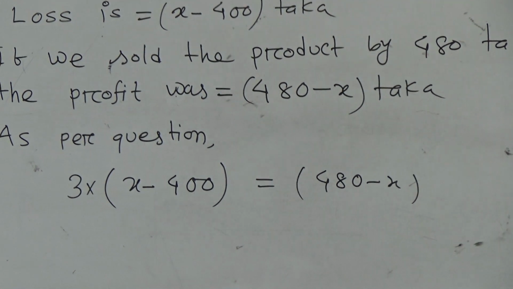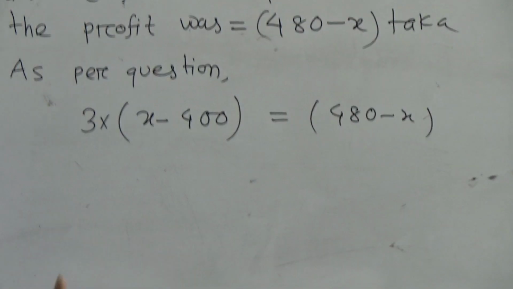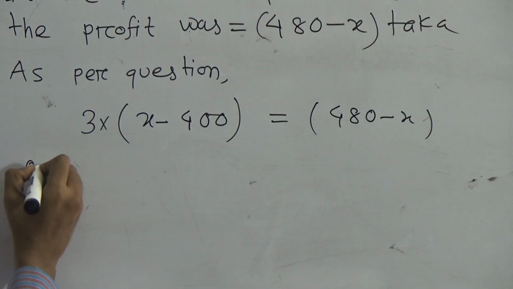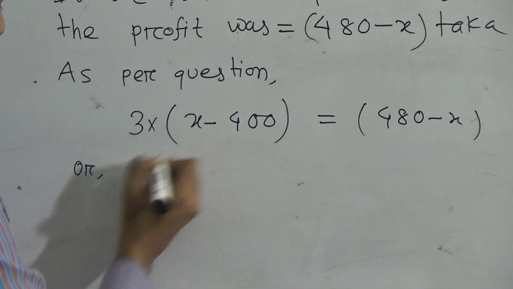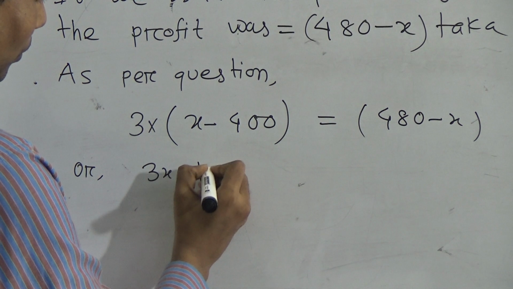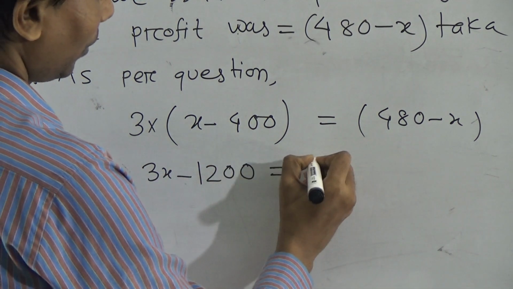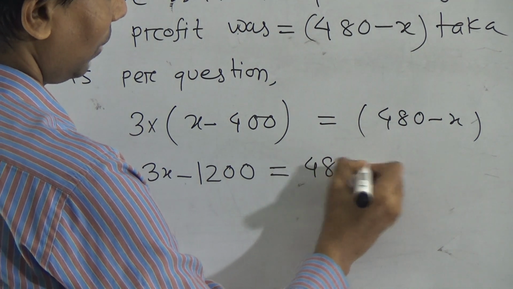Now you have to determine the cost price. That means you have to determine the value of x. Now multiply 3 into x, that means 3x. Then 3 fours are 12, 1200. Now 480 minus x.